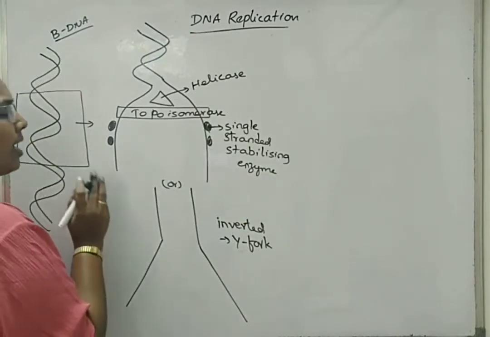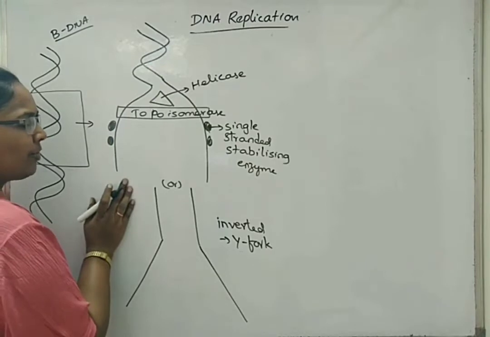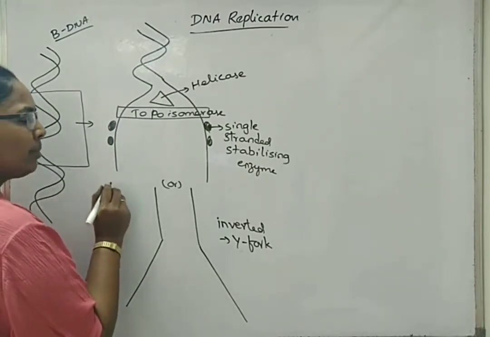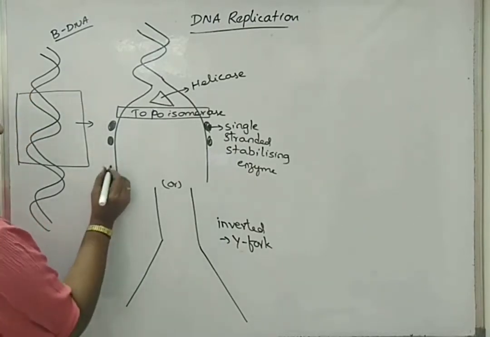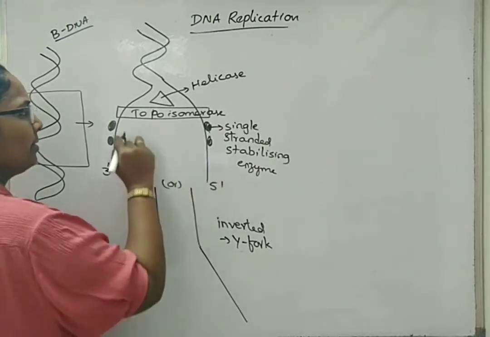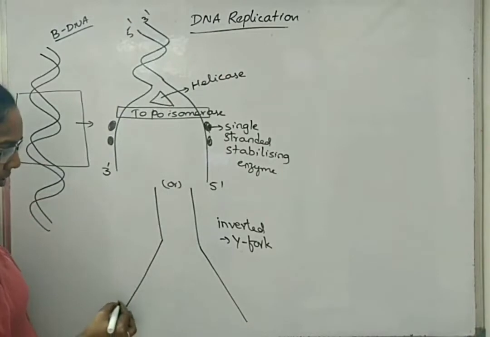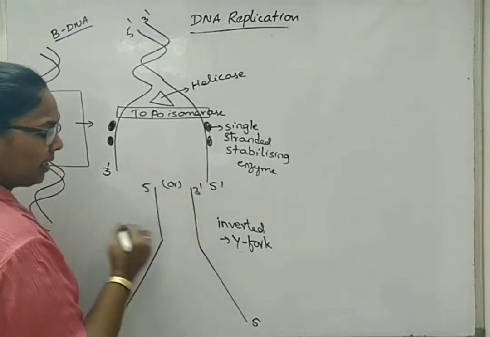Now, where is the RNA primer located? For the location of the RNA primer, we should understand that the RNA primer always binds onto the 3' end of the old strand. So if we give this part as 3' and 5', this will be 5' and 3'. In the same way here also 3', 5', 5', 3' direction.